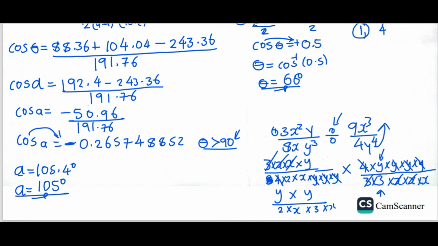So our final answer will be y squared over 2 times x times 3 is 6, x times x is x squared, according to my simplification.